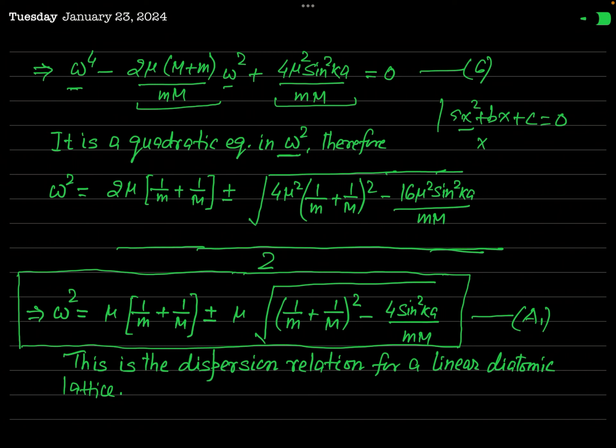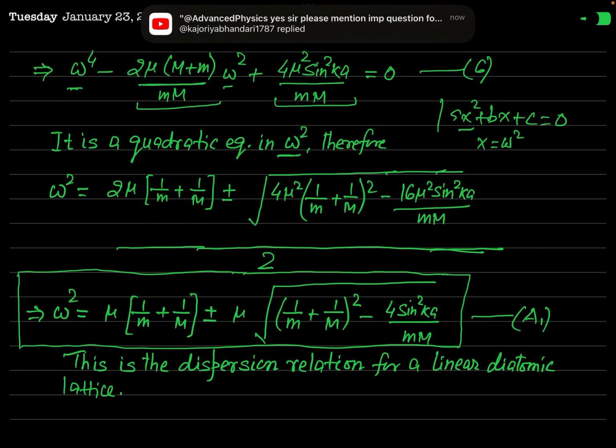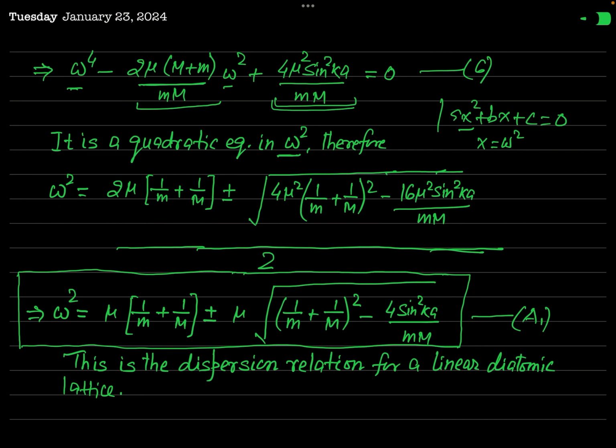So you can say here x will be equal to omega square. And at the place of b there is minus 2 mu (M plus m) by M times m. Okay. And at the place of c there is 4 mu square sin square Ka by Mm.